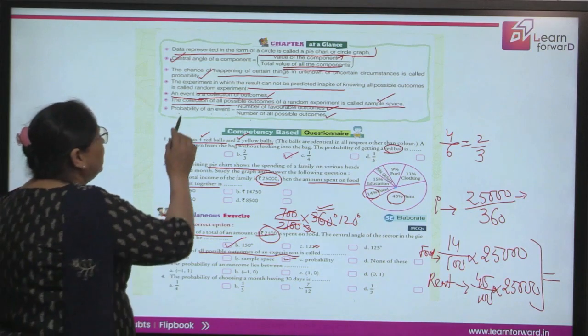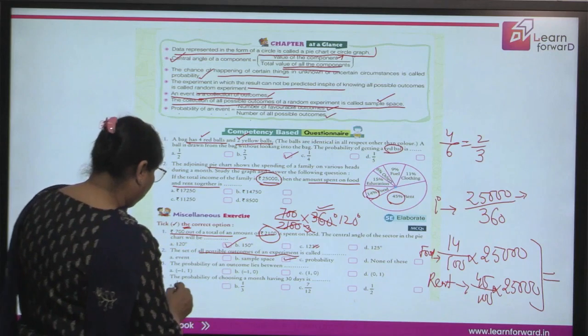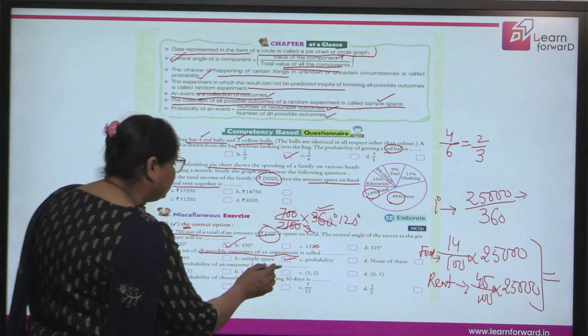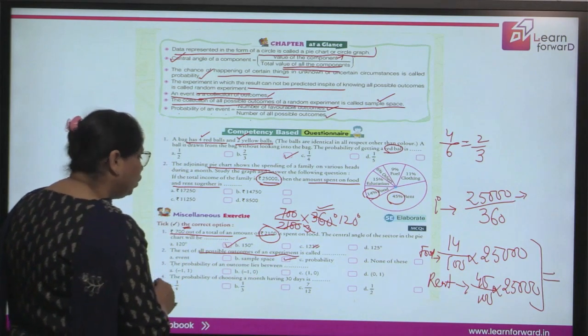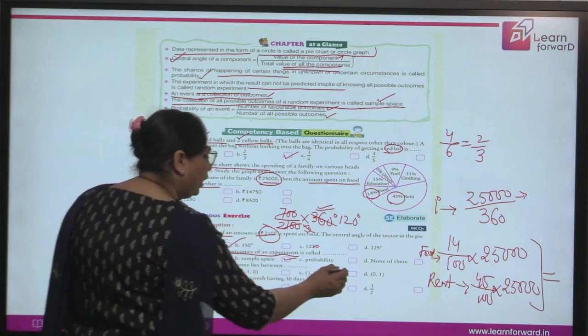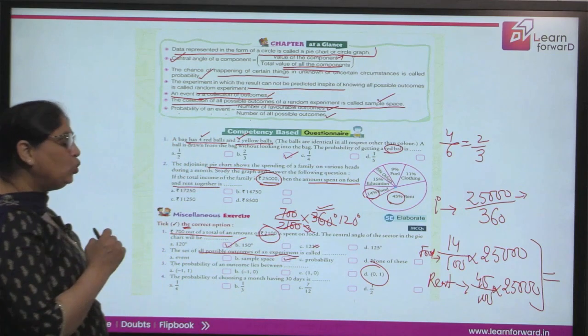An event is a collection of outcomes. Now, next question: the probability of an outcome lies between 0 and 1. So, the answer is D, 0 and 1.